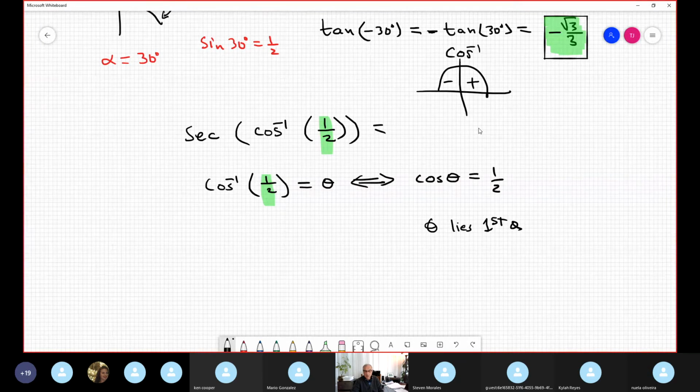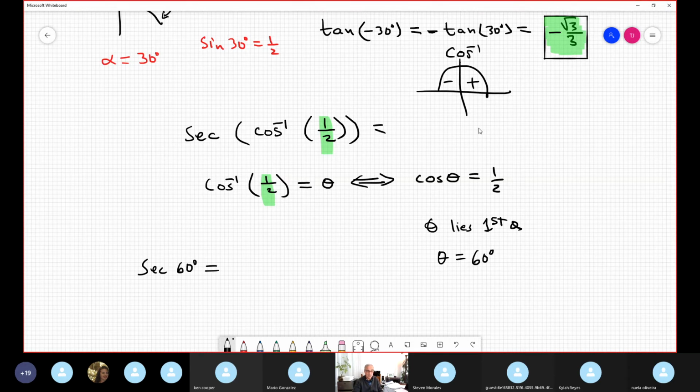Do you remember some angle whose cosine is 1/2? Oh no. What is that? 60. No. You said sine or cosine, Professor? Sorry. Cosine. It's 60. Yeah, you're right, Professor. 60. So I discover, wow, my theta is 60 and lies in the first quadrant. Okay, and the rest is to compute the secant of 60.